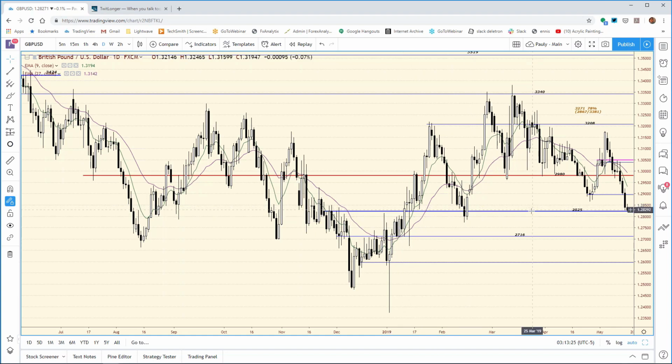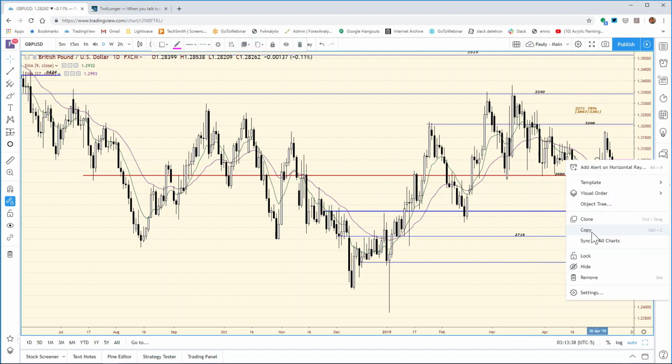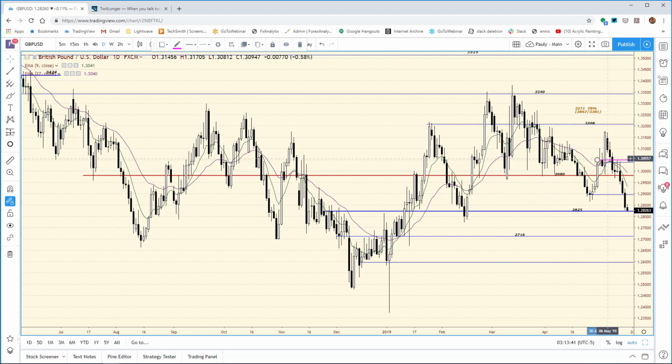Now this 28.25 is fairly key. But we can dip a little bit further, so hang on. I'll just call it 28.01.